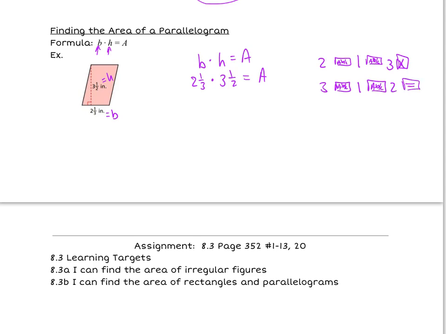Those are all buttons you push on your calculator, and you would get the answer of 8 1/6. And again, we have units, which are inches here, so we'd include those: inches squared.